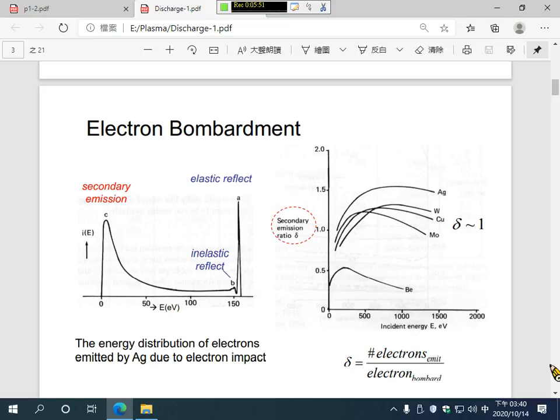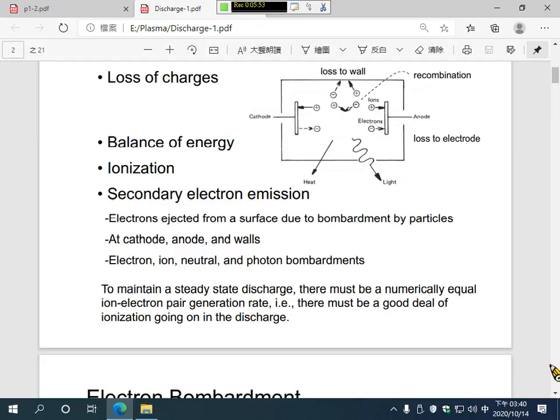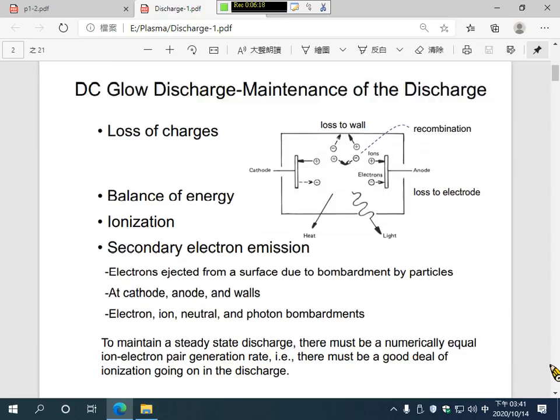Okay. So first we are focused on the secondary electron emission from these surfaces. The secondary electrons are emitted from a solid surface after the bombardment by electrons, ions, neutral particles, and photons.